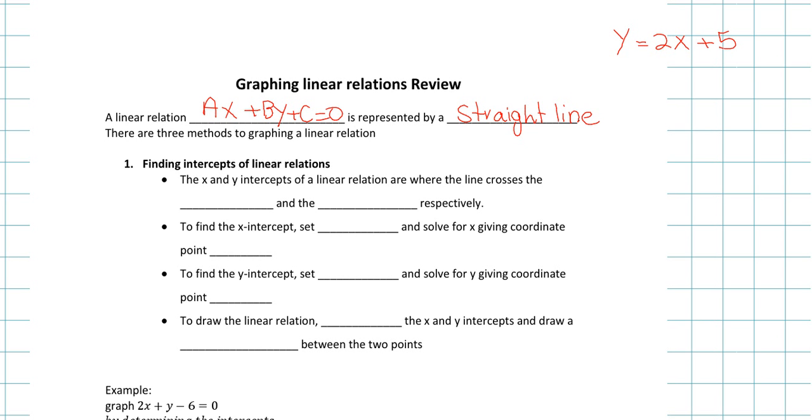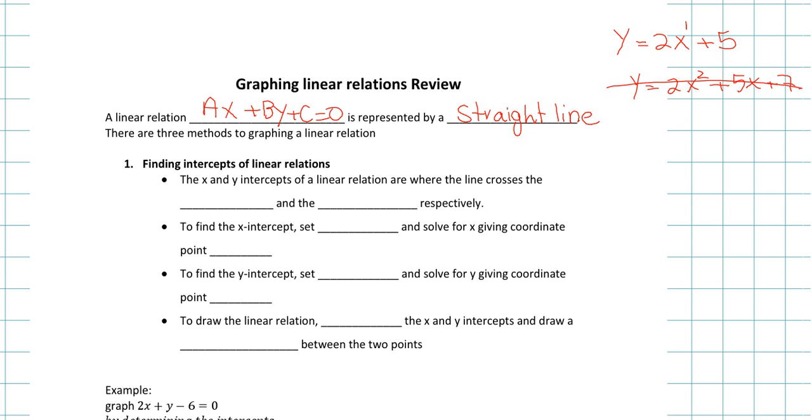Linear means degree 1. Would this be a linear function? No, because what's the highest degree that you have here? 2. So this is not linear. This is linear because the degree on the x is 1. Okay? This is how I know it's linear.